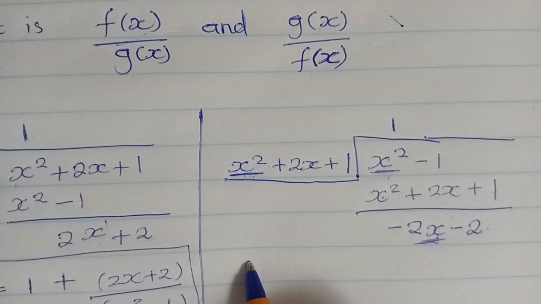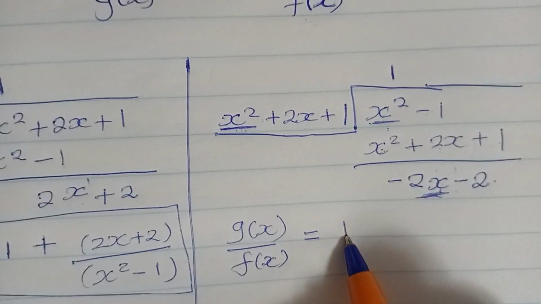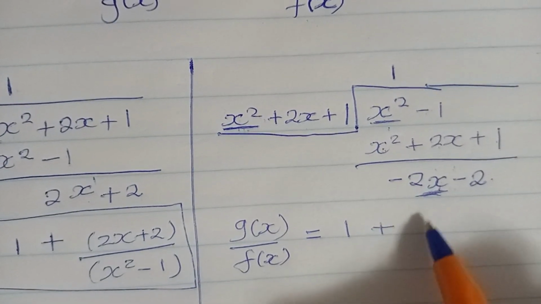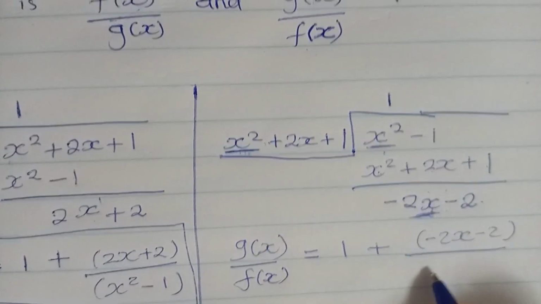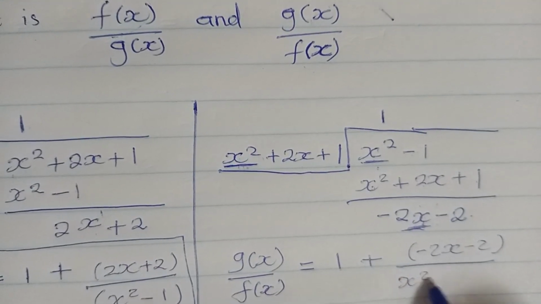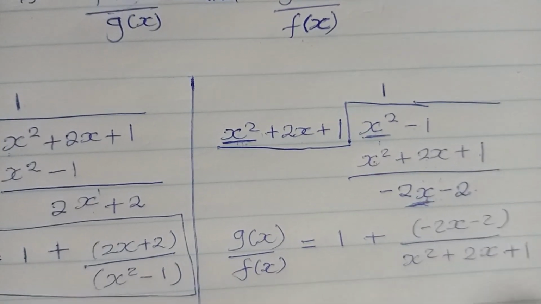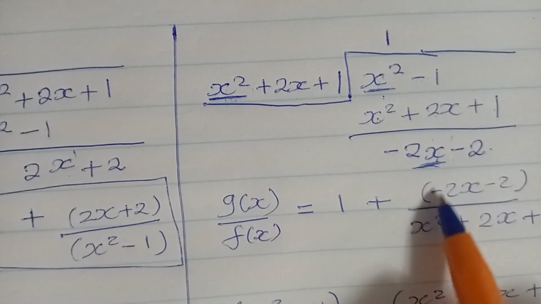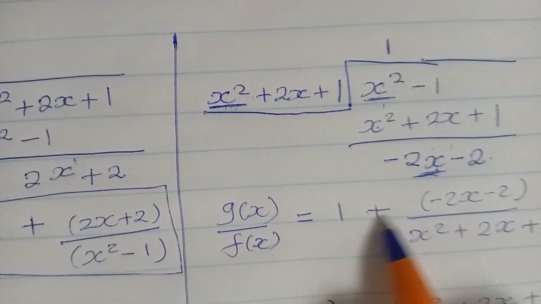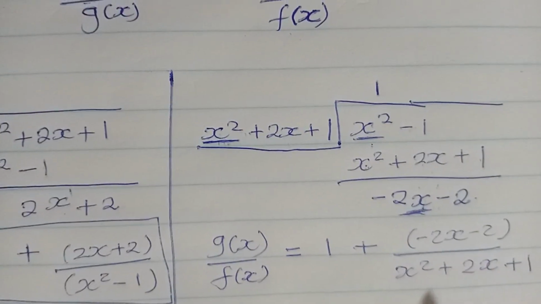So if we divide g of x by f of x, the final answer will be 1 plus minus 2x minus 2 all over x squared plus 2x plus 1. You can also take out a common factor of a negative, and then say 1 minus 2x plus 2 over whatever is here.